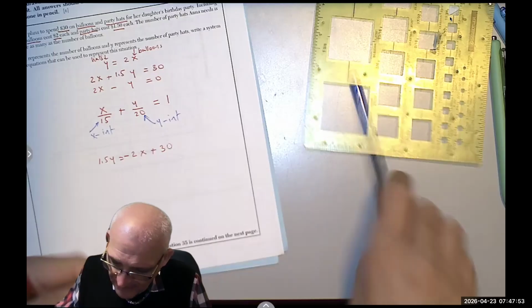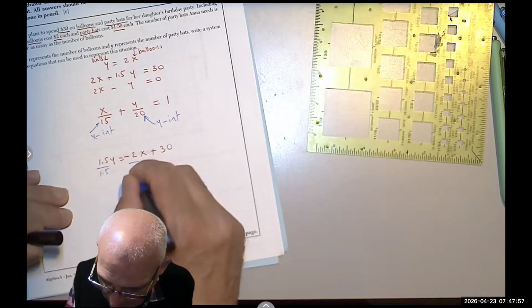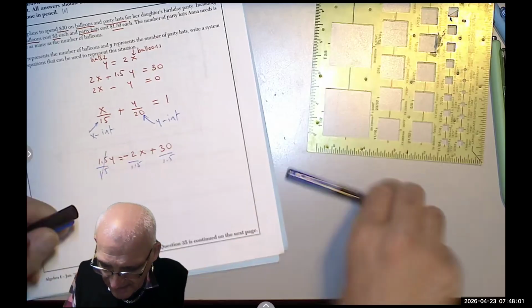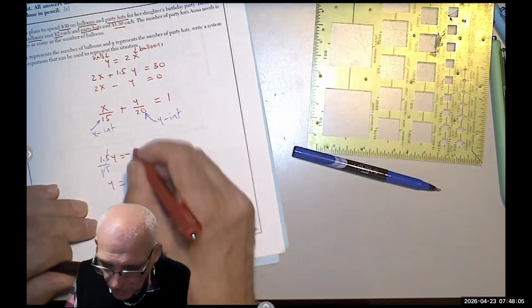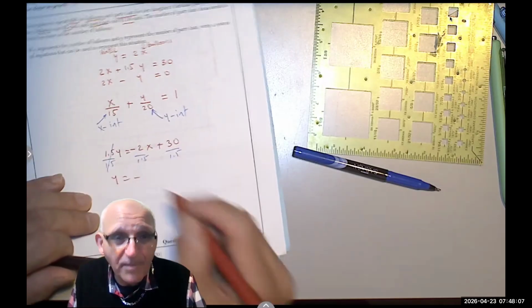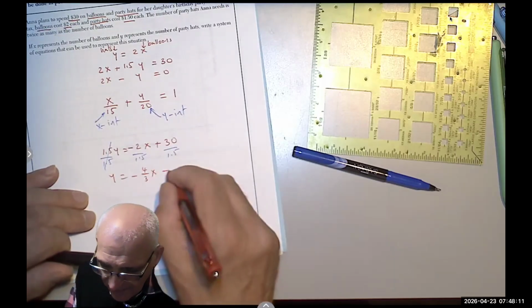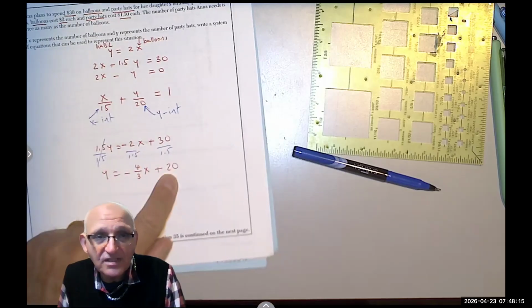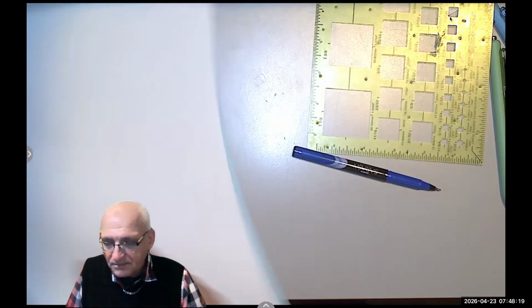And then I'm going to divide the whole equation by 1.5. And I get y equals negative 2 over 1.5, multiply top and bottom by 2, I get 4/3 x. And 30 over 1.5, we already said it's 20. You see the y-intercept is 20 as we found. And the slope is negative 4/3.